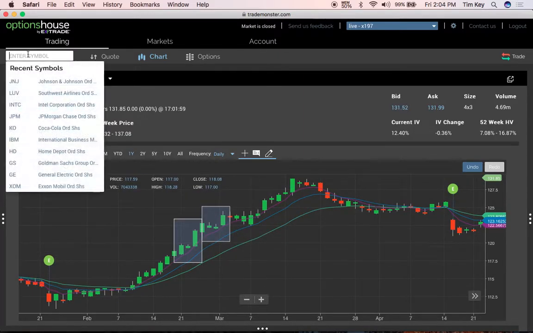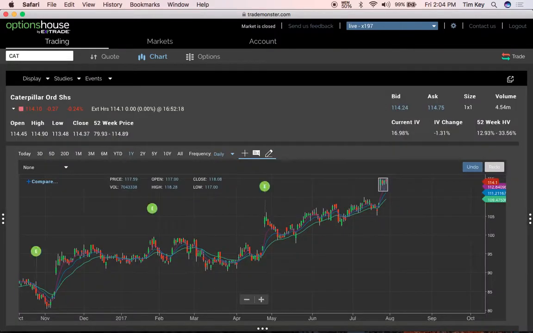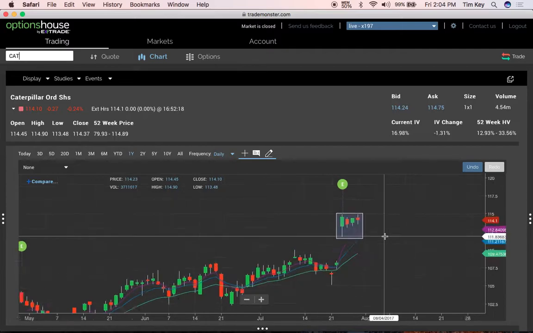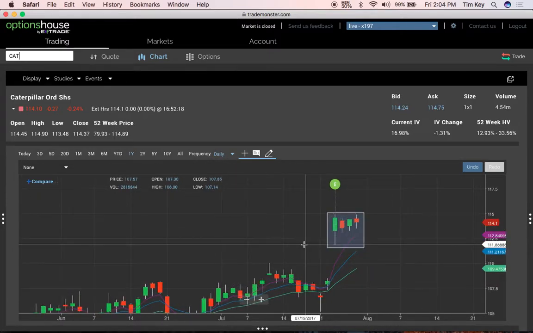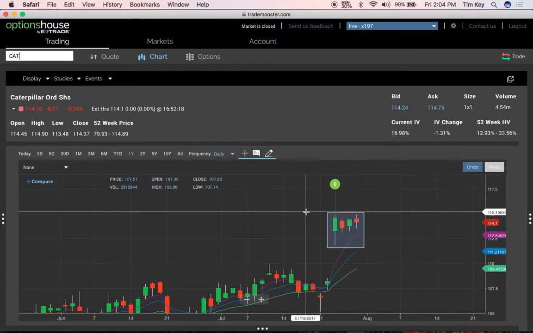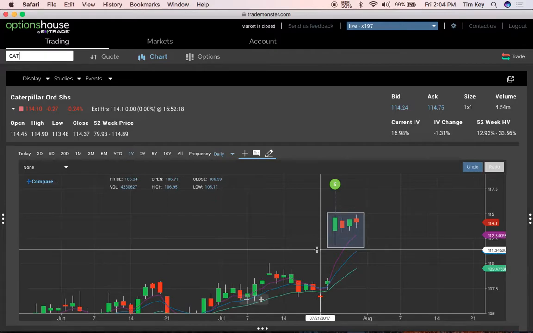There's a few other candle patterns that I wanted to show you. Cat over here has what I would call a rectangle pattern, and this is a pattern where it's consolidated. It has a big move. It's got a big body with some candle wicks on the bottom and top, and then it's basically done nothing and just operated inside of this pattern.